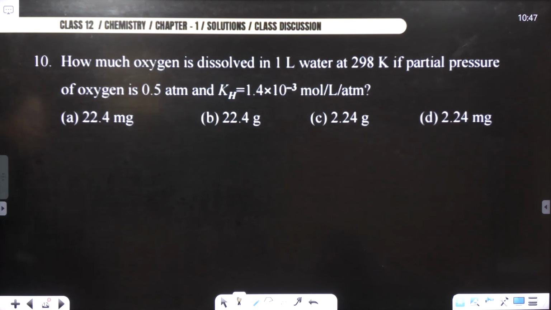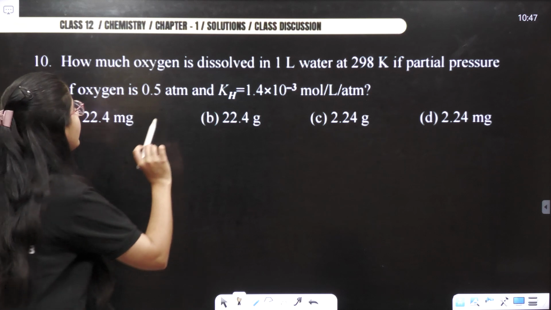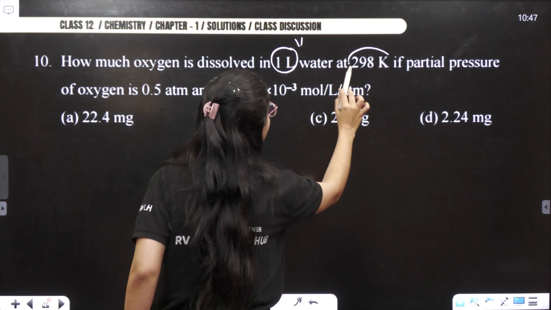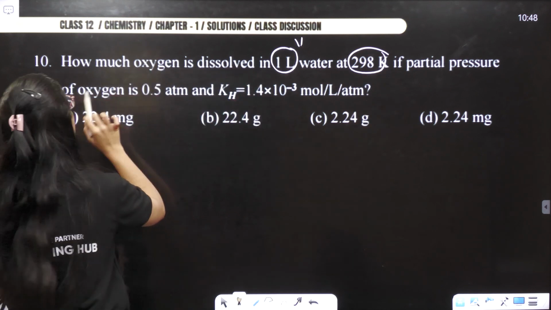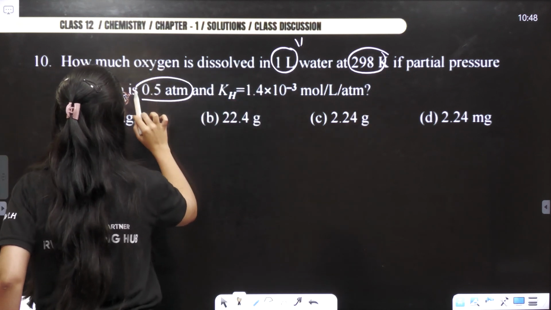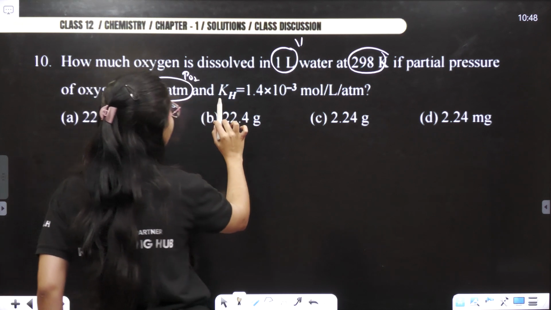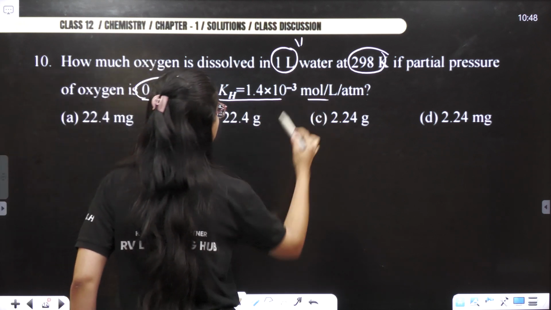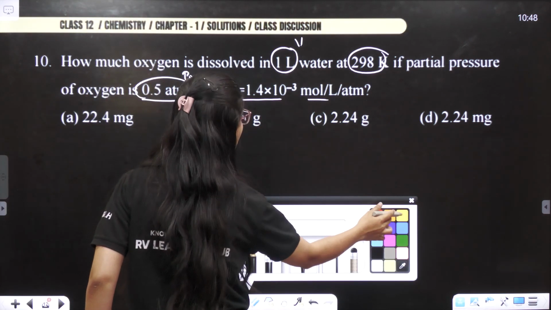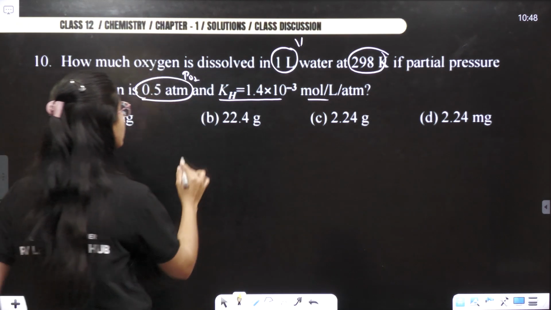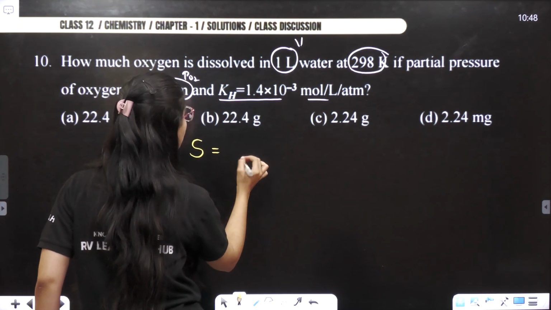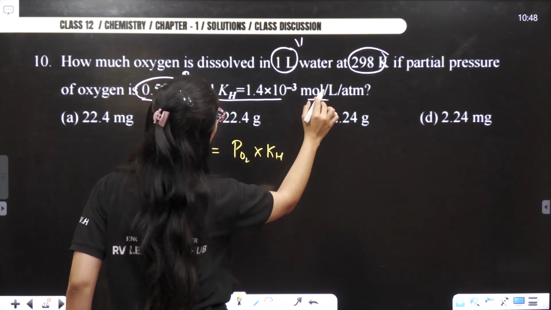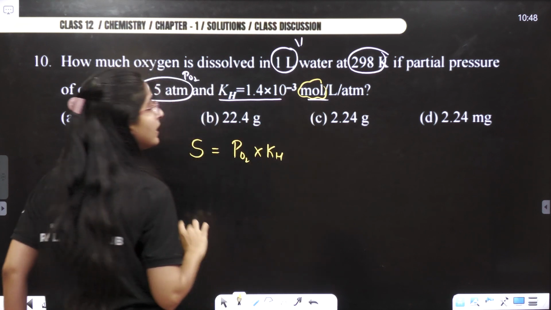Next question. How much oxygen is dissolved in 1 liter of water? They are asking. So volume is 1 liter at 298 Kelvin. They are saying the partial pressure of oxygen is 0.5 atmosphere, and the KH value is 1.4 into 10 raised to minus 3 mole per liter per atmosphere. As we are talking about how much oxygen is dissolved, you know that solubility S will be equal to the partial pressure of oxygen into KH, as KH is mentioned in moles per liter per atmosphere.